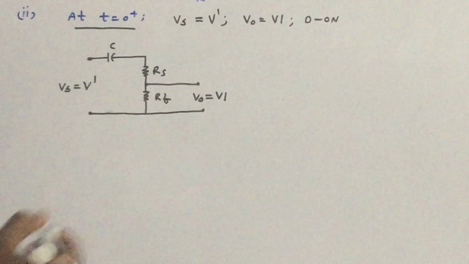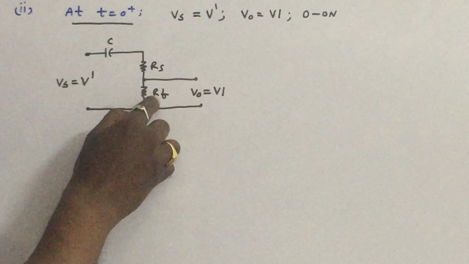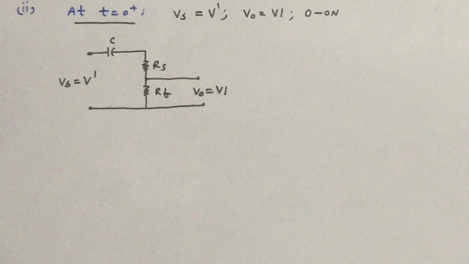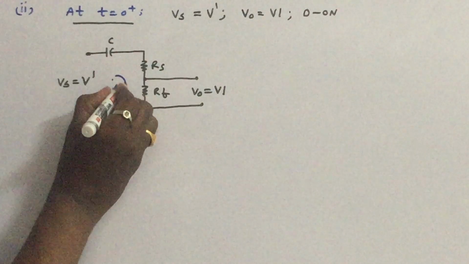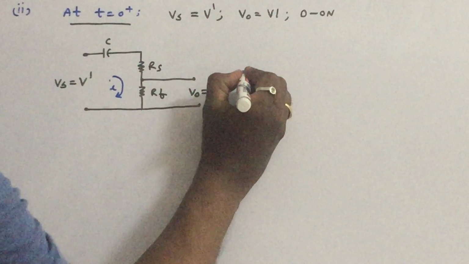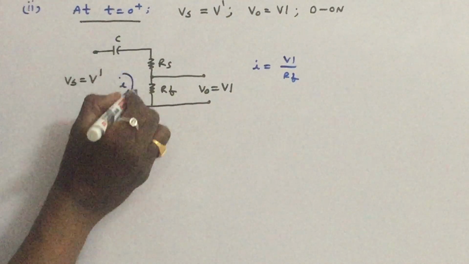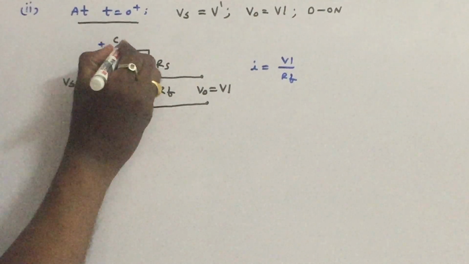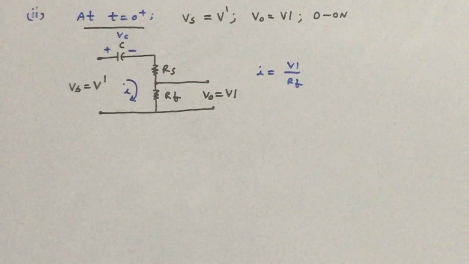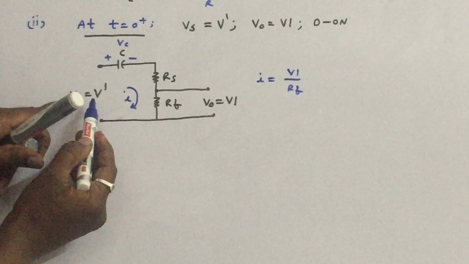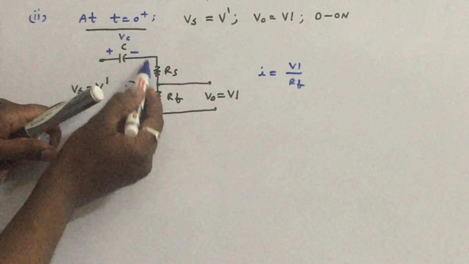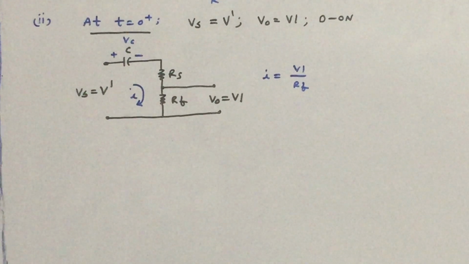Since the output voltage across RF is V1, what is the current in this loop? Since you know the voltage, the current is simply V1 by RF. This is the current flowing in this loop. Again I want to find the voltage across the capacitor. What is the voltage across the capacitor? Simply V dash minus the drop across RS plus RF.